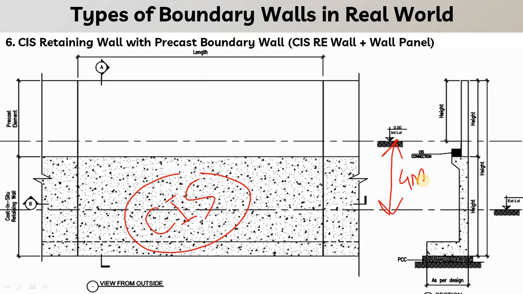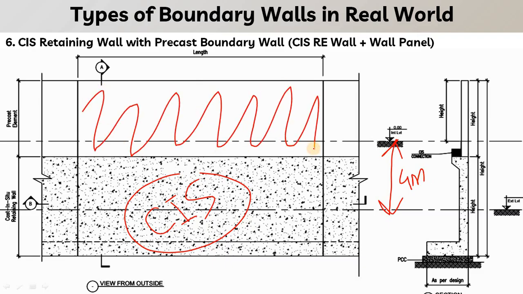In that case, we have to consider the retaining structure as a cast in situ part that will be done on site, and then the structure above the retaining wall has to be considered in precast. So here you can see the hatched area.